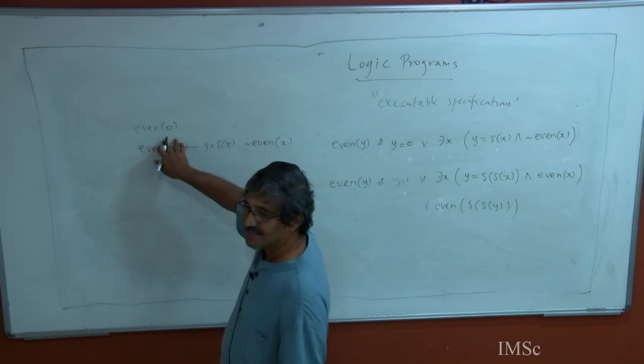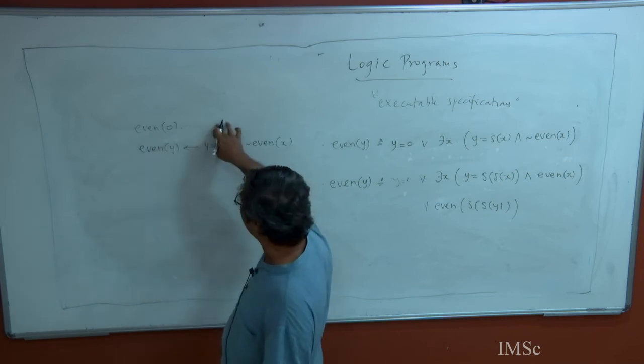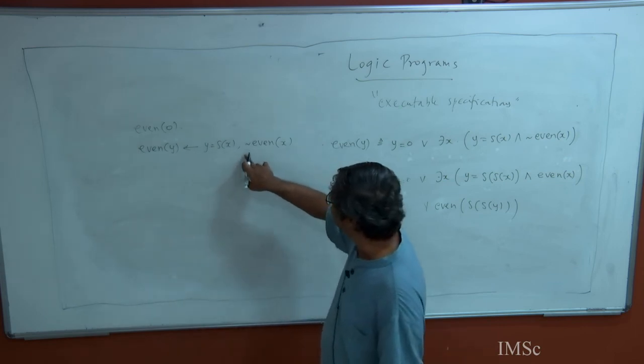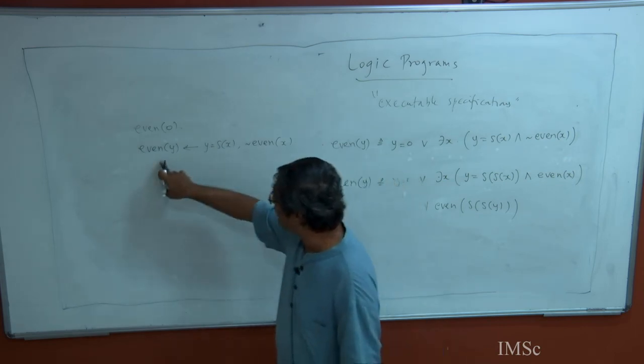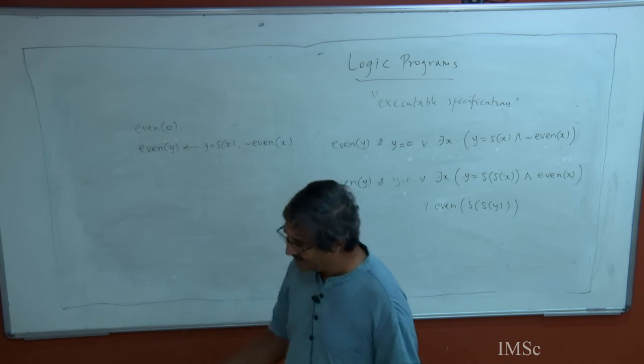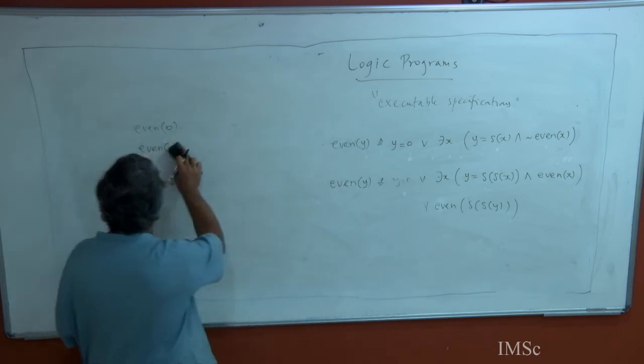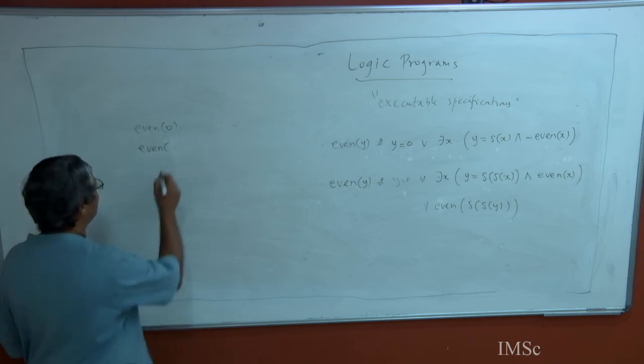This is a clause which doesn't have any, so this you treat it as conjunction, right? This is y equals sx and not even x implies, in fact, in Prolog you don't even write it like this, you write it like even successor of x.